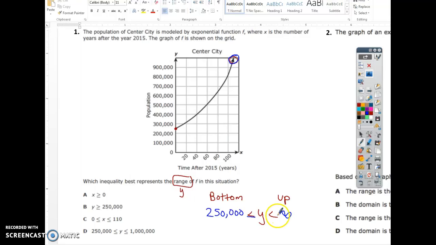So we said that whenever we have infinity, we can cross that out. So really, this is our only answer. And if you look over here, it's not the x's, okay? And it doesn't go all the way to 1,000,000, even though it looks like that's where the graph stops, but it doesn't. It's going to keep going. The answer is B because you flip this over. Everything gets flipped, and that gives you B.